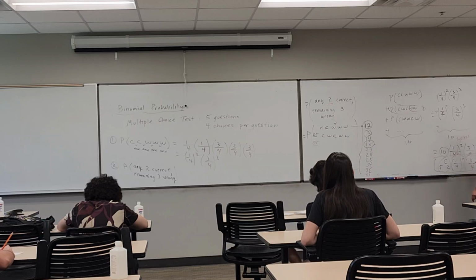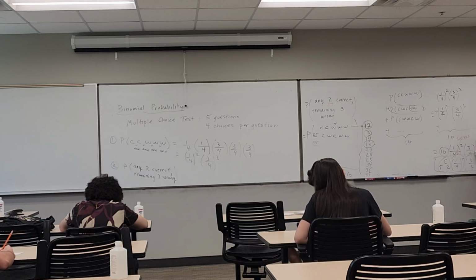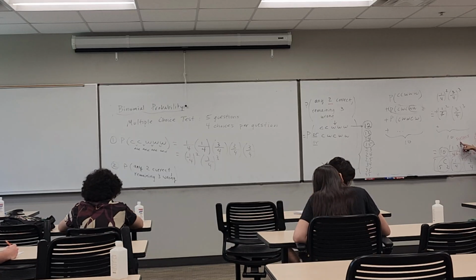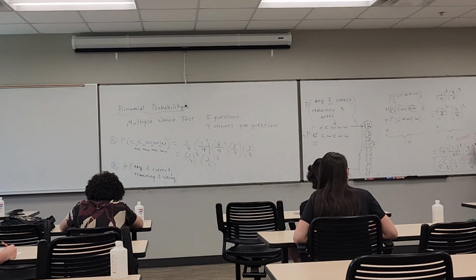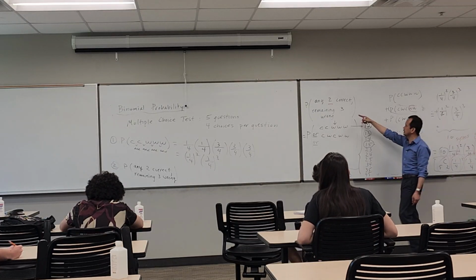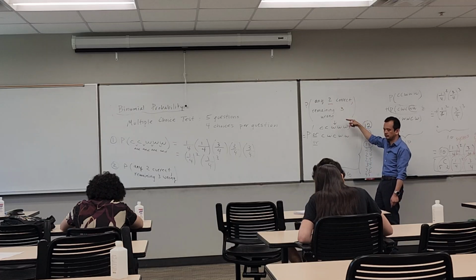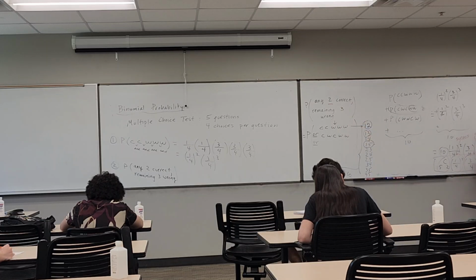So then we have this other component here that we call non-success. Success is just whatever you're keeping track of, versus non-success is what's left over. Here you're keeping track of getting 2 questions correct, and what's left over is that you're getting the remaining 3 wrong. So I call these terms success and non-success. Your book actually calls them success and failure.